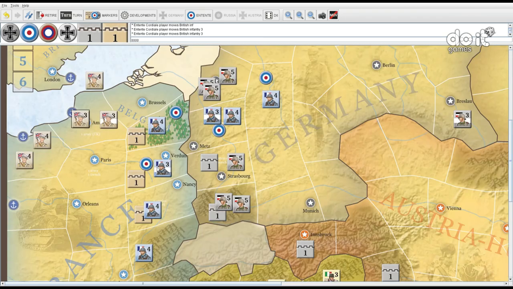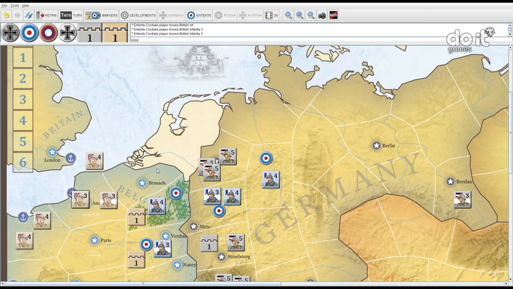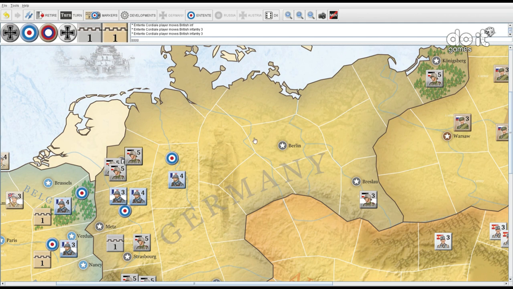So those are the movements, and now I will explain the strategic movement. With this kind of movement, there is no restriction in the number of areas you are crossing. The only condition is that all the areas must be controlled by your side. So imagine that the Germans control this area.